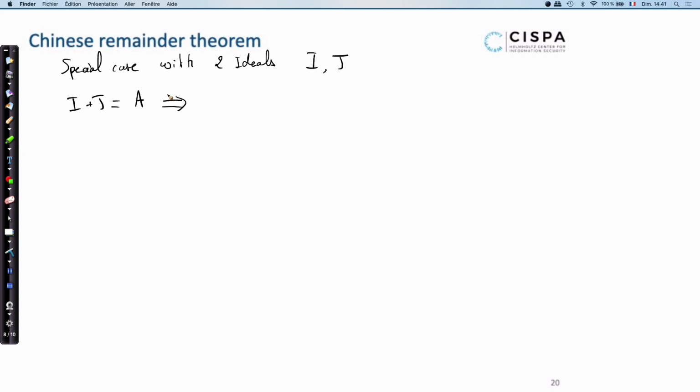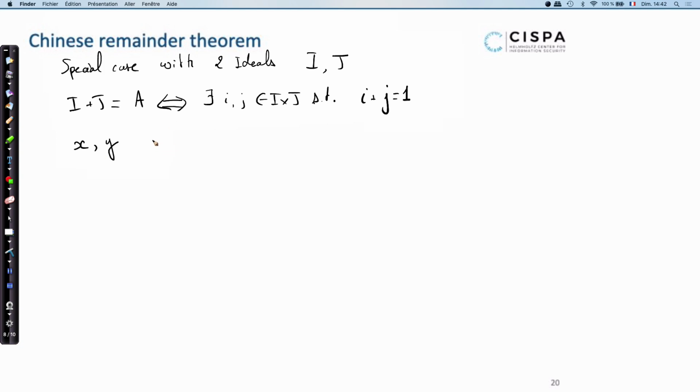Well, it's exactly the same thing as saying that there exist two elements, i and j, in I times J, such that i plus j is simply 1. Okay.